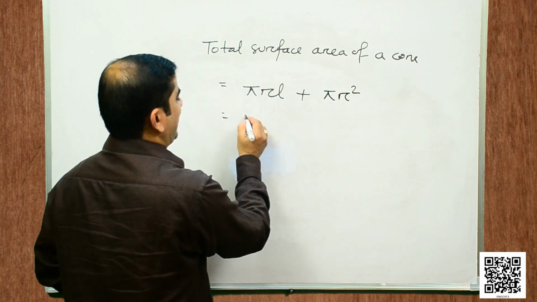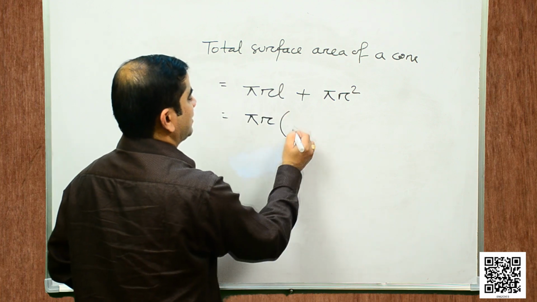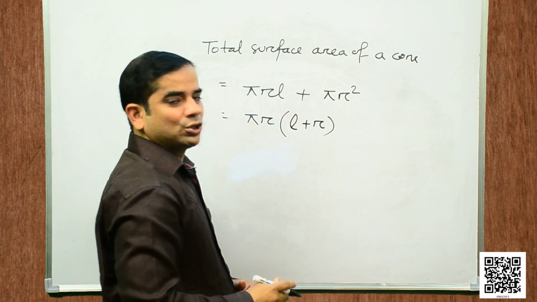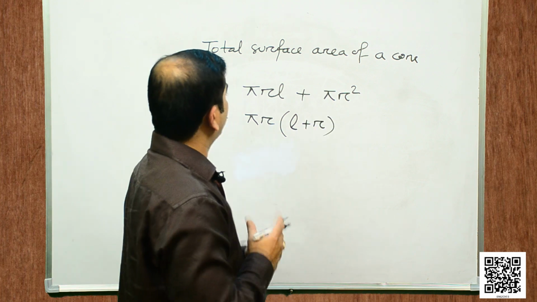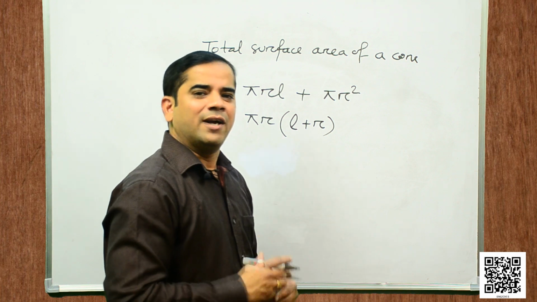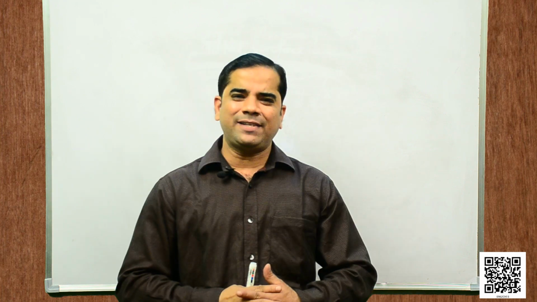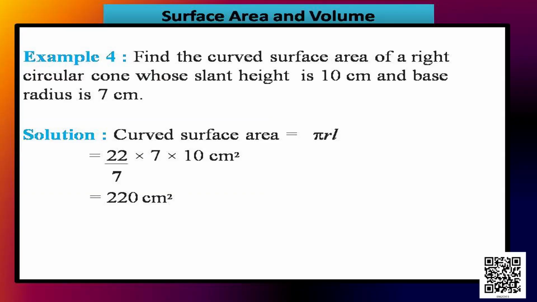So, if I take pi r as common, I am left with L plus r. So, this is the formula for total surface area of a cone. Hope you understand this.